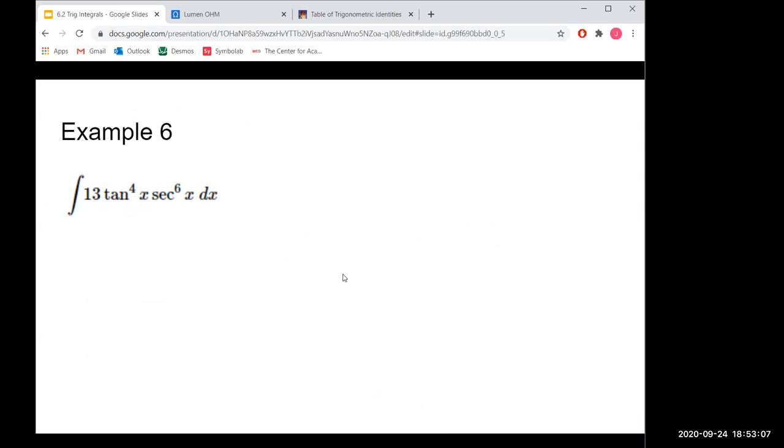Yeah, you could have turned it into cosine to the negative 1, but that still doesn't make it du because du is cosine in the numerator. So example 6, let's do this together.